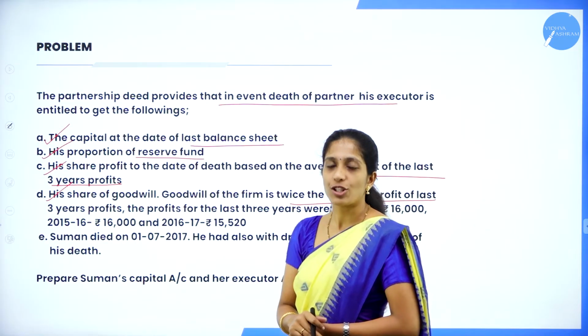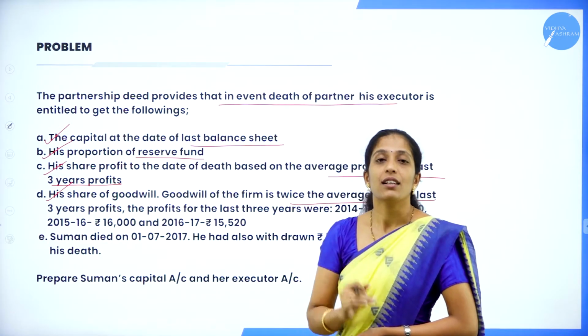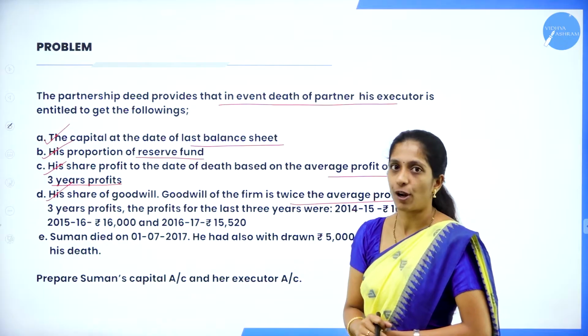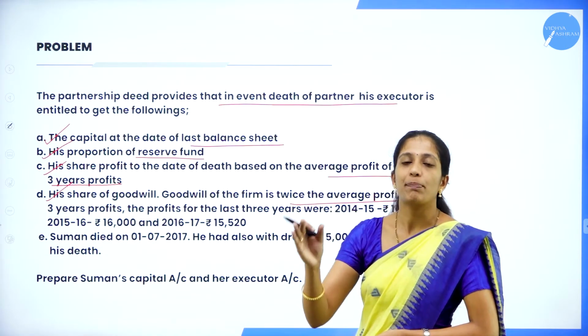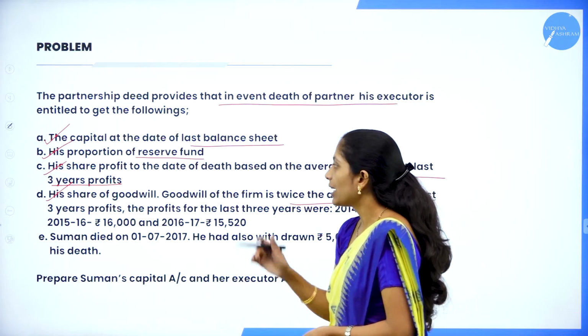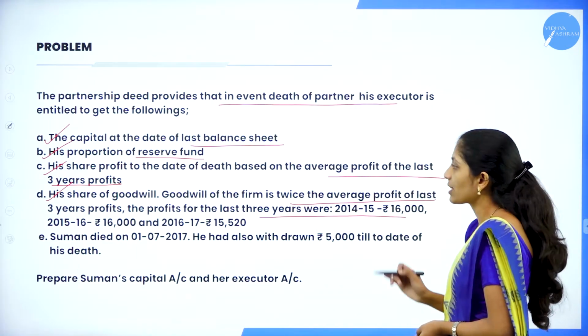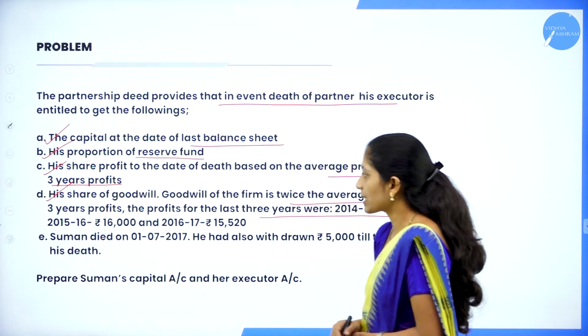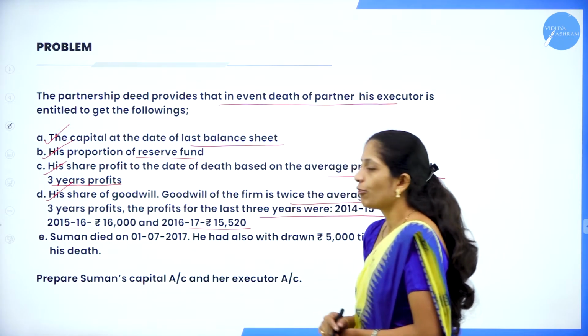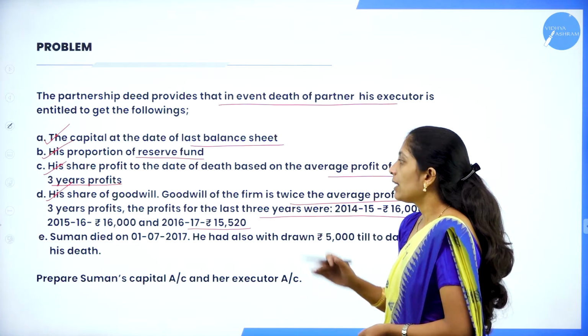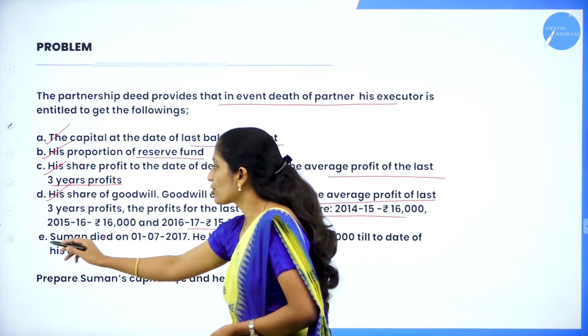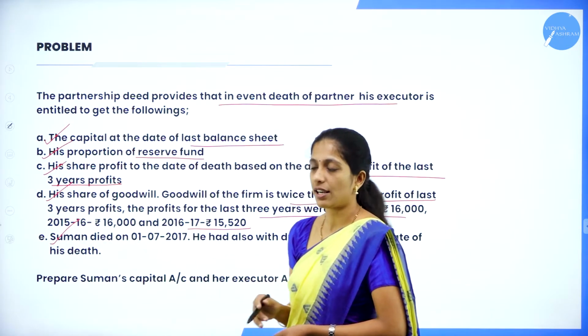So how the goodwill has to be given? Goodwill has to be twice the average profit, so it should be multiplied with the average profit. The profit of the last 3 years were 2014-15 16,000, 15-16 16,000 and 16-17 15,520. Next, Suman died on, so they have now given a partner Suman.